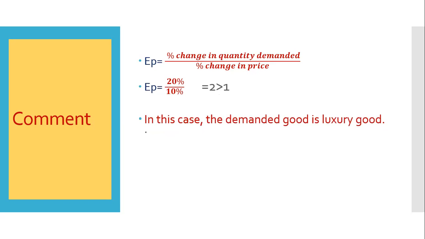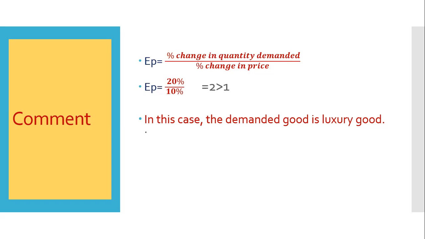After doing the sum, you have to write a comment, that in this case the demanded good is a luxury good, or in this case the demand is elastic. And for luxury goods we find elastic demand because, in luxury goods, when price decreases then many people go to buy that product, but when price increases then many people postpone their purchase.